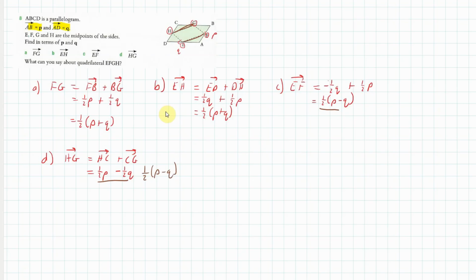And you also notice that this vector here and this vector here are equal. And you also should notice that the vectors are equal in length. If we find the magnitude of each of these, they're going to be exactly the same if we use Pythagoras.